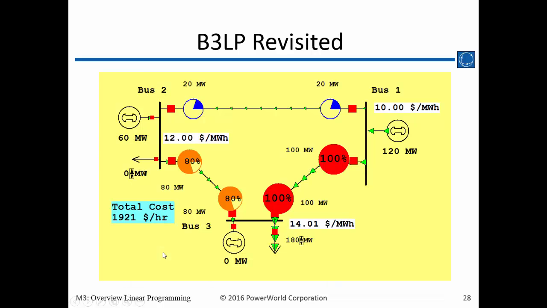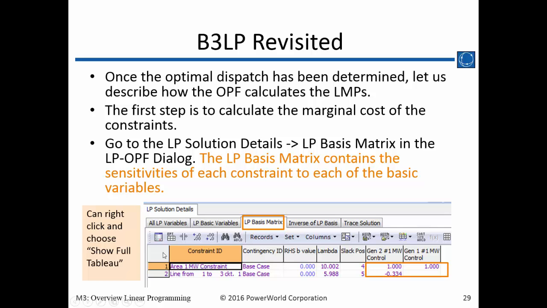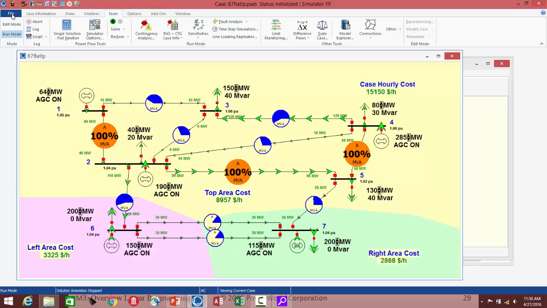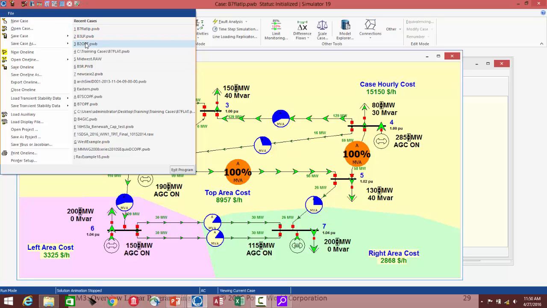So again, that's the graphic from that. And if we want to see some of these quantities in there, let's go back to that case. Go to File. Just from my recent file list, I'll pick the B3 LP.